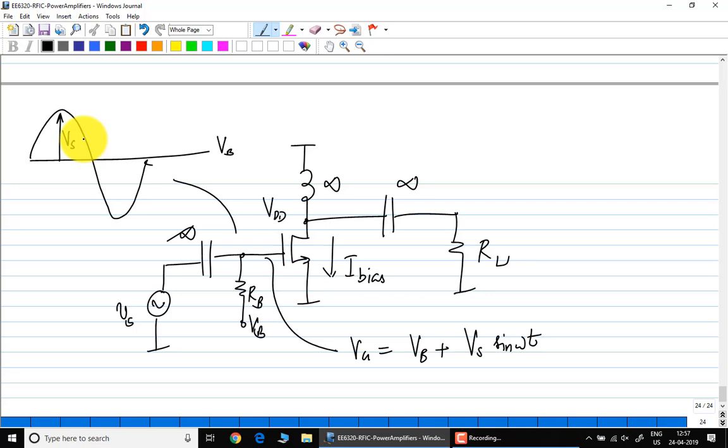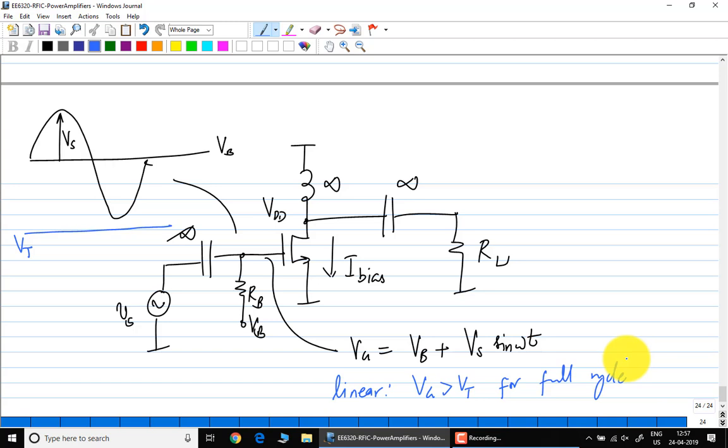Now, if I start reducing VB, remember we have designed it for class A operation such that the total VG is always greater than VT, for the full cycle. Now if I start reducing VB, it will start clipping.